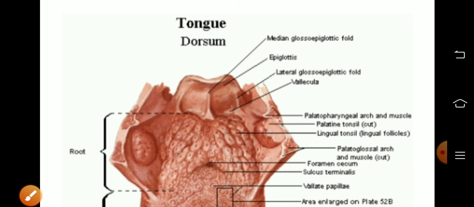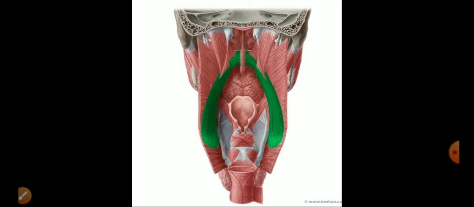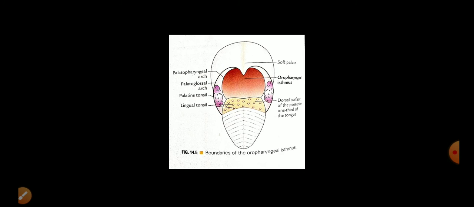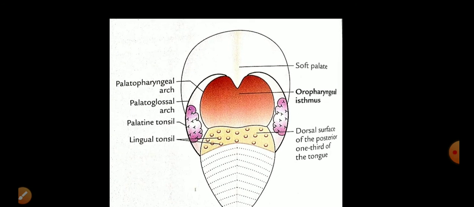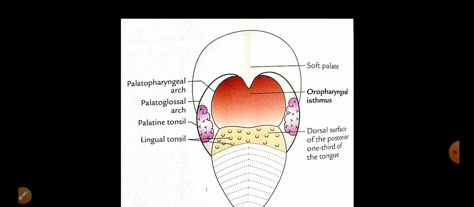Now we are going to see one important thing called the oropharyngeal isthmus. Simply speaking, it is just a junction between the oral cavity and the pharynx.